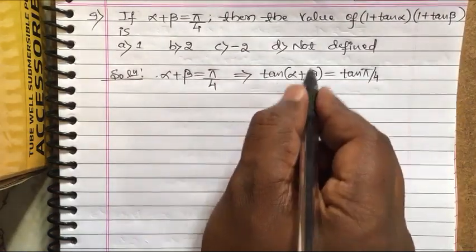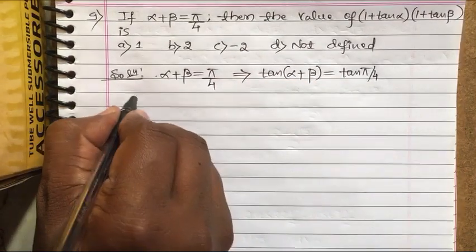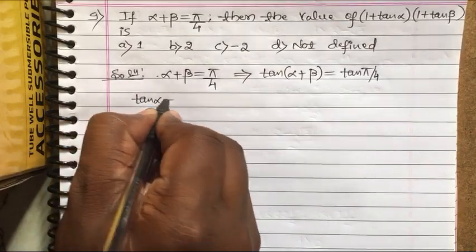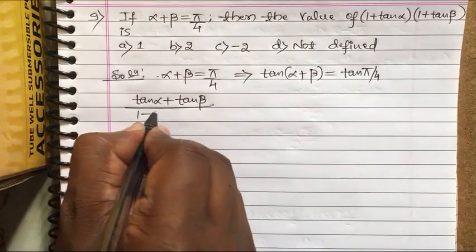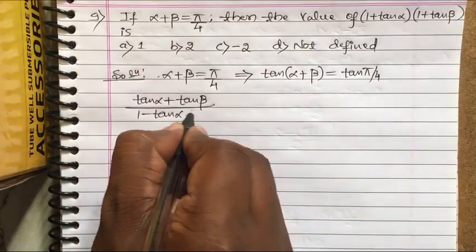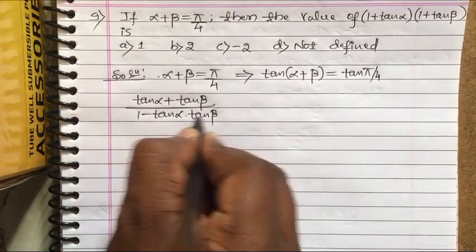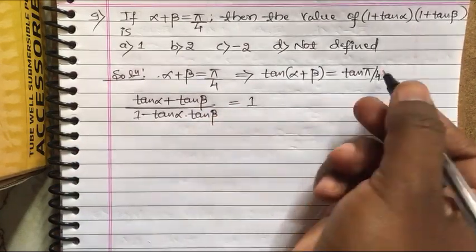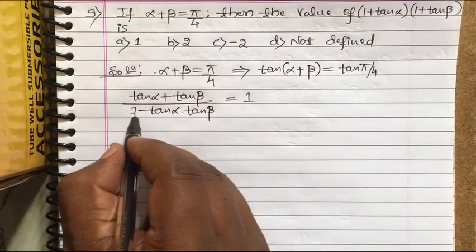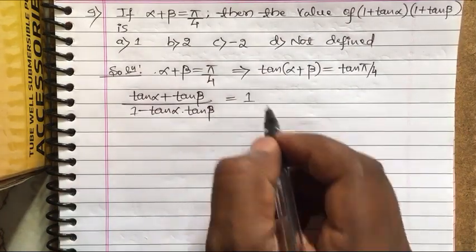Now what is tan of alpha plus beta? It is tan alpha plus tan beta divided by 1 minus tan alpha into tan beta, the standard formula, which is equals to 1. Tan pi by 4 is always 1. So now I take the denominator to the RHS, it will be multiplied with 1.